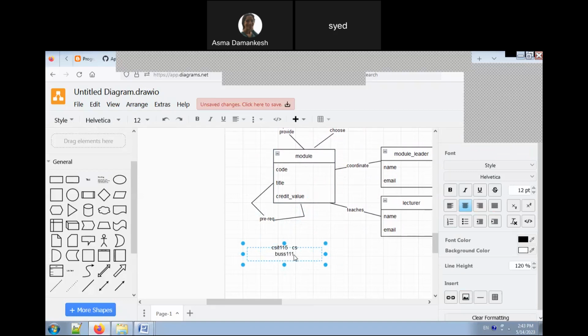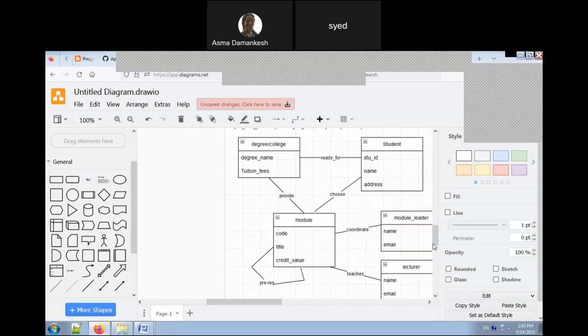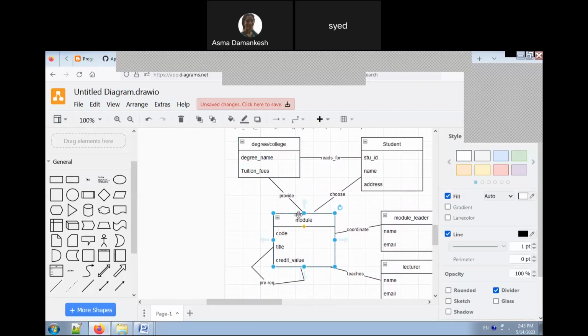It's a compulsory module for business, okay? Now, how do I know that something is compulsory for something? If I need both entities, this and this, for something to happen, we will have either a linked attribute or associative entity. In this case, it's a linked attribute.